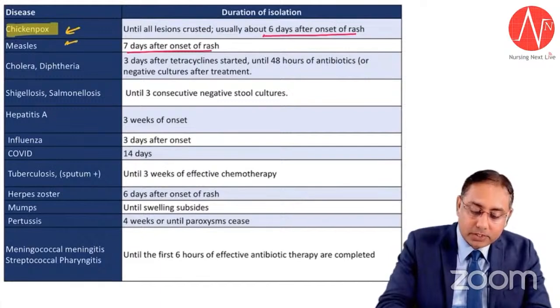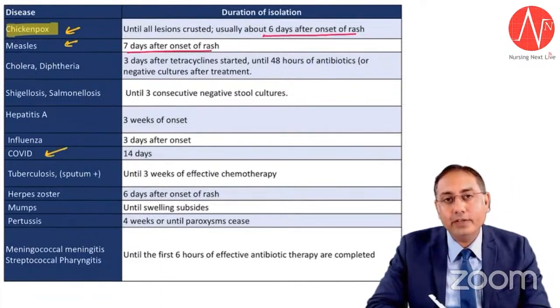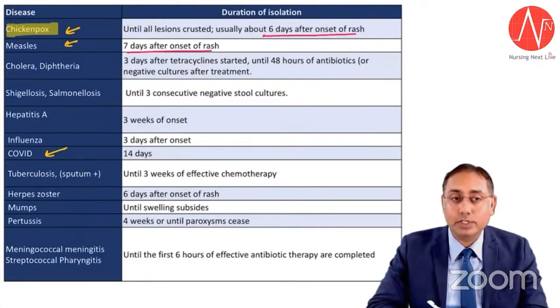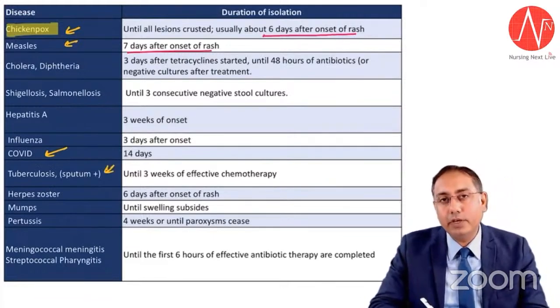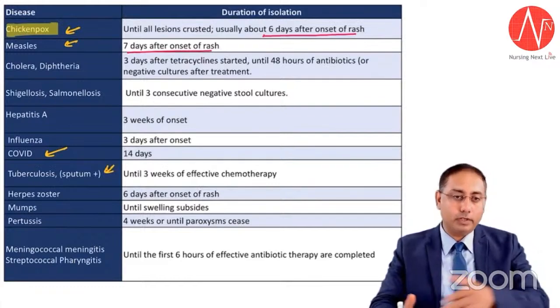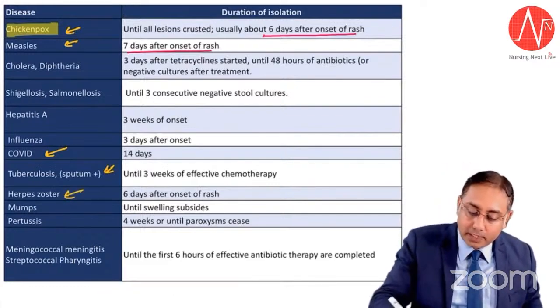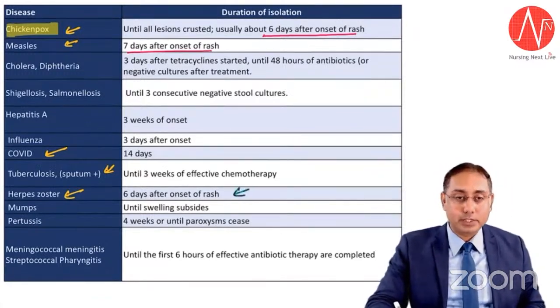These two have been asked in your exams. Very frequently they will ask you about COVID-19 also, that the duration of isolation is roughly around 2 weeks after the onset of the fever. For tuberculosis, I already told you it is 3 weeks after the onset of chemotherapy. For zoster infections, again it has been previously asked as an MCQ, it is done for 6 days after the onset of the zoster rash.